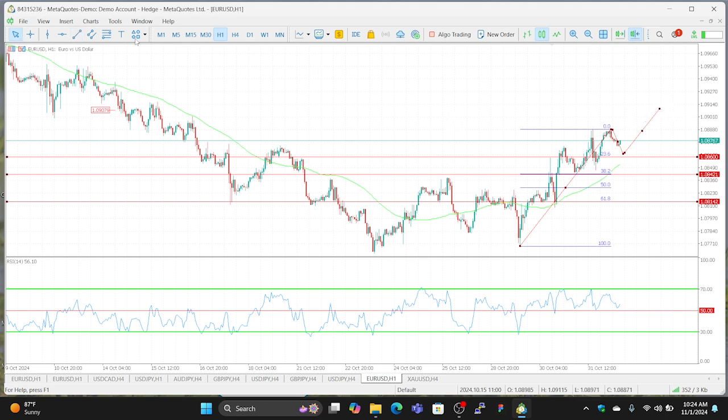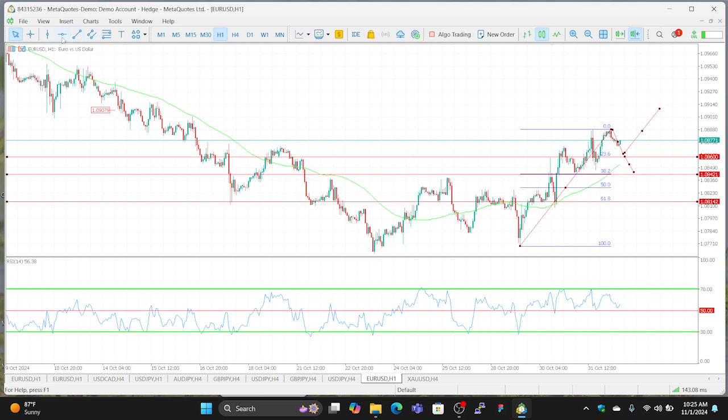But if it comes and then breaks through this and goes this side, we expect that maybe this is no longer valid support, so we expect it to act as resistance.